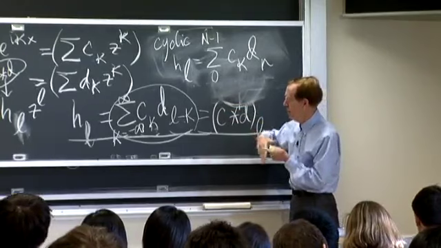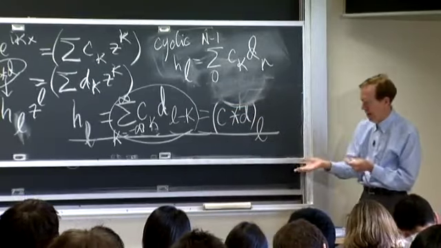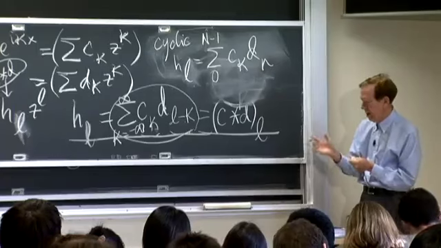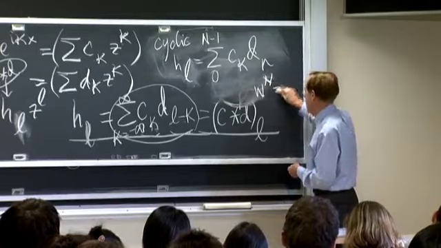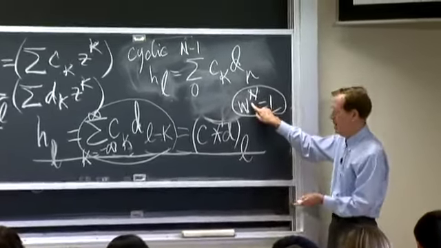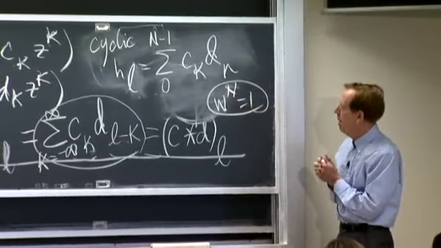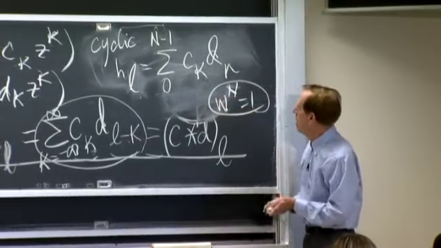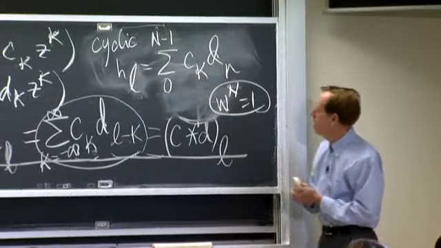When I'm doing the cyclic multiplication, I'm doing that wraparound because w to the n is 1. The wraparound comes from that, right? That's why I never get as high as n, because when I get to n, I go back to the 0th power. Okay, so what's the relation of k and n and l here?